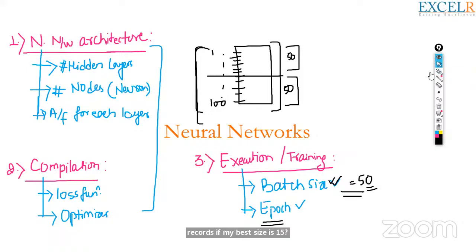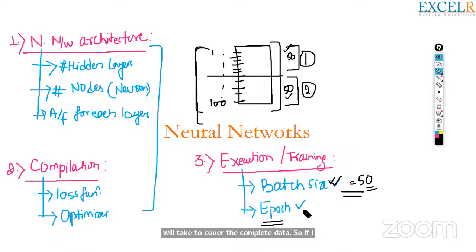Exactly, 2 iterations. In the first iteration, it will cover the first 50 records. In the second iteration, it will cover the next 50 records. In that way, it covers all 100 records in 2 iterations. So the epoch is how many times the training goes over the complete data.